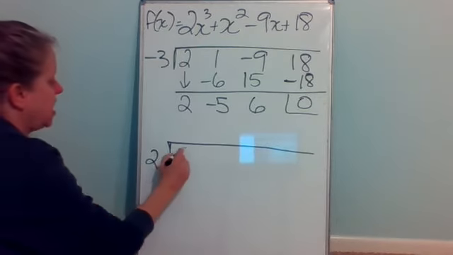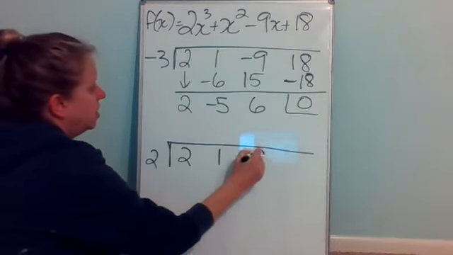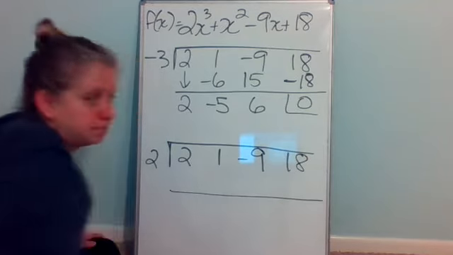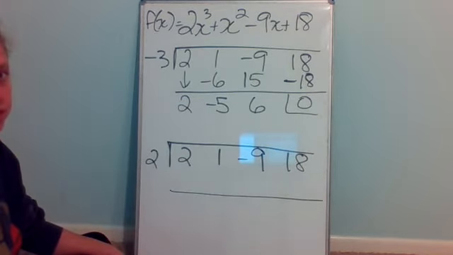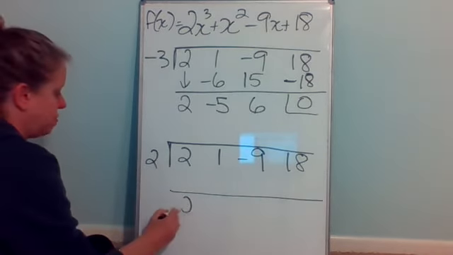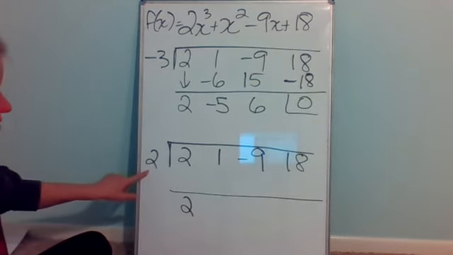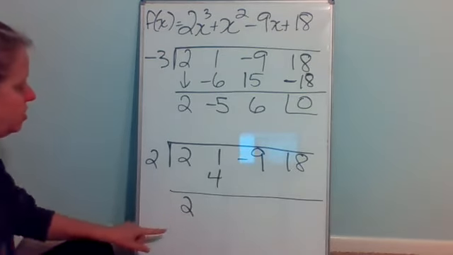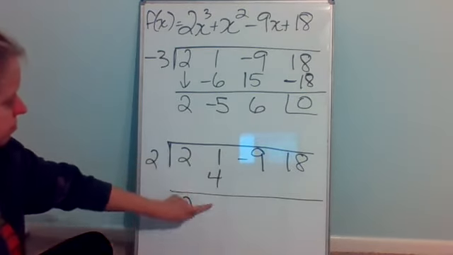My coefficients are the same. 2, 1, -9, and 18. So let's drop this down. Drop down my 2. 2 times 2. Put your answer here, which gives me 4.